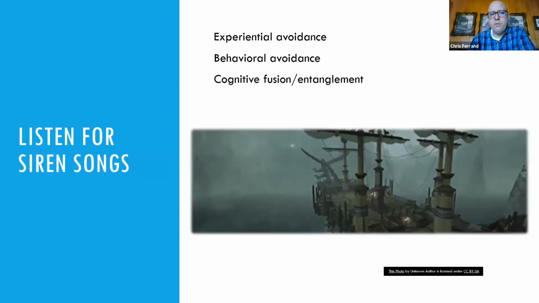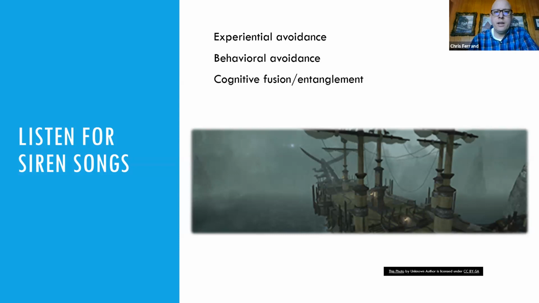We're also listening for the siren songs of suffering, the things that tend to trap people. So experiential avoidance, avoiding their internal experience, whether that be thoughts, feelings, memories, sensations, and behavioral avoidance, stopping doing the things that they used to do, the things that they care about.